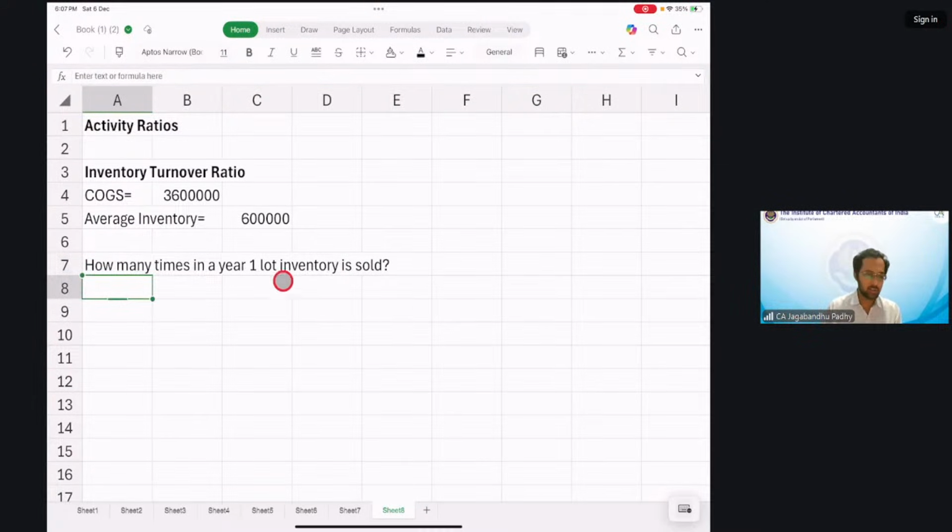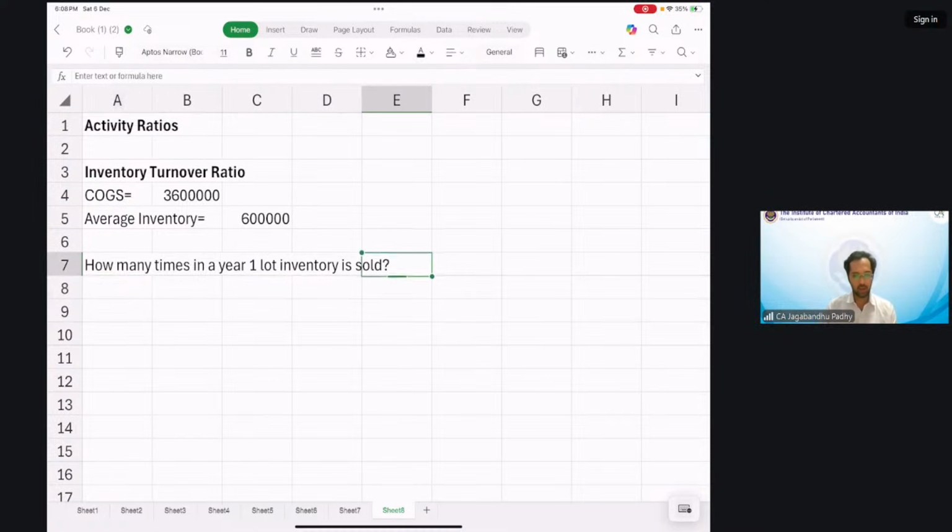Because we are maintaining an inventory level of 6 lakh, right? So COGS is 36 lakh. Can you tell me how many times you would be selling this lot of inventory in a year to achieve that COGS of 36 lakh, guys? How many times? 6 times, right?